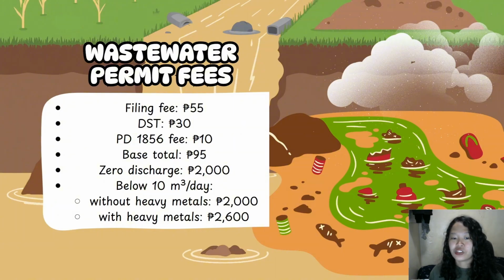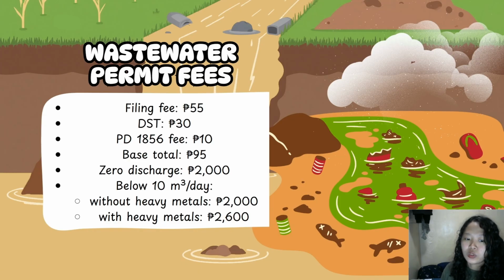After that, may additional permit fee depending sa discharge ninyo. For example, 2,000 for zero discharge and for below 10 cubic meters per day, 2,000 without heavy metals, or 2,600 with heavy metals. Mas mataas ang bayad kapag mas mataas ang pollution level.